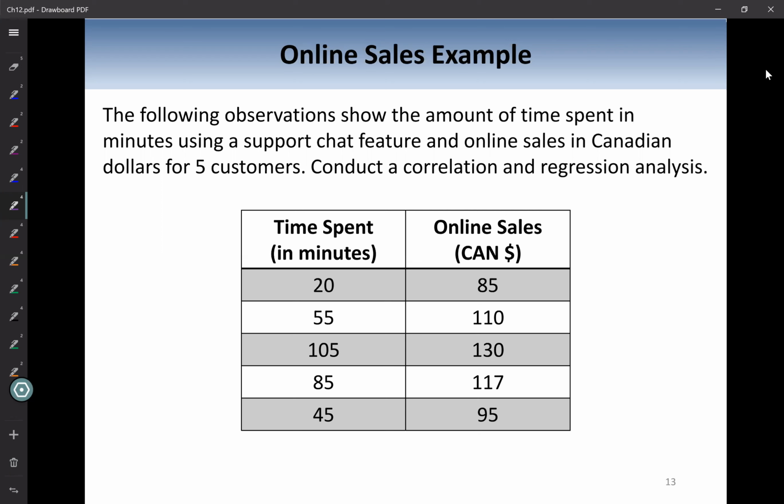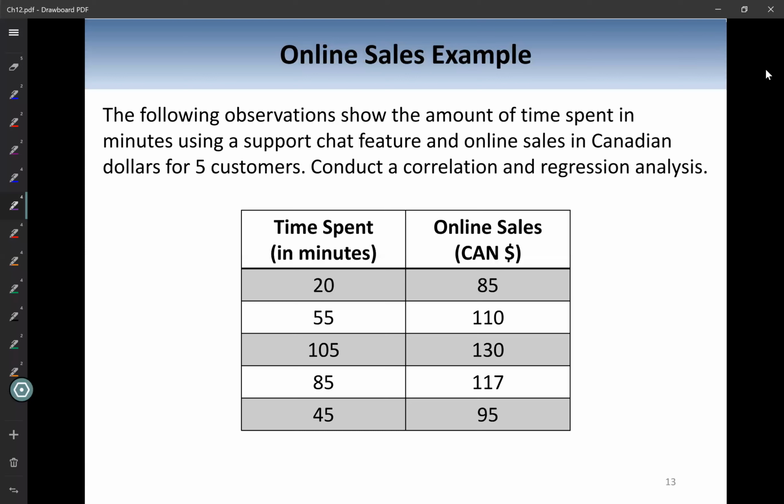What if we have, though, more information about these customers, not just the time spent in minutes using the chat feature? Let's say, suppose we know their heights. Well, it might be statistically significant in predicting online sales, but in this case, it also might not have practical significance. Same thing, say, with eye color or their shoe size.